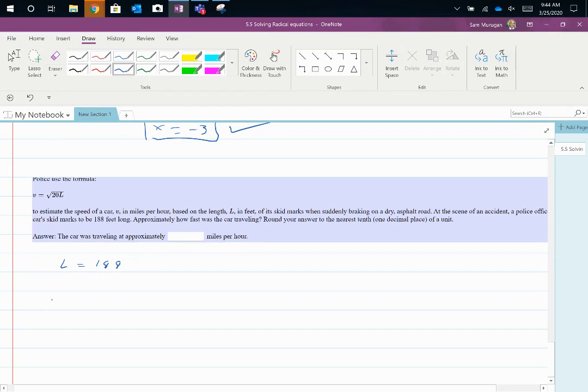And you would simply remember that V is given as the speed of the car. So V is equal to the square root of 20 times 188. You would go to your calculator. So 20 times 188 is 3760.